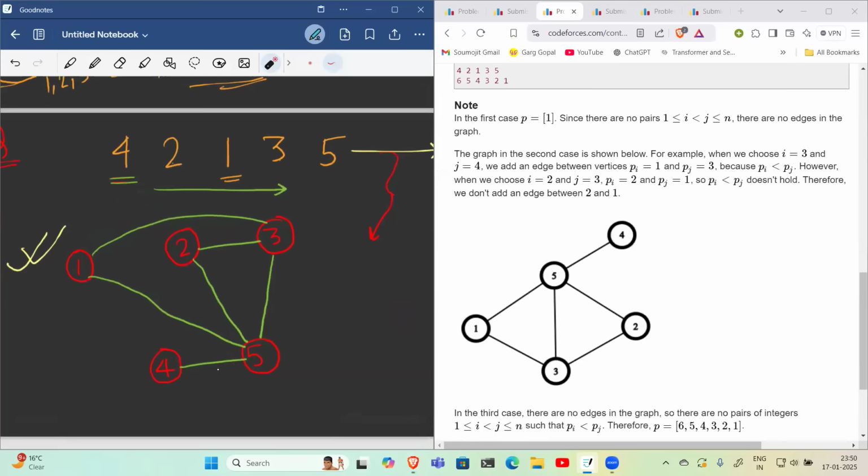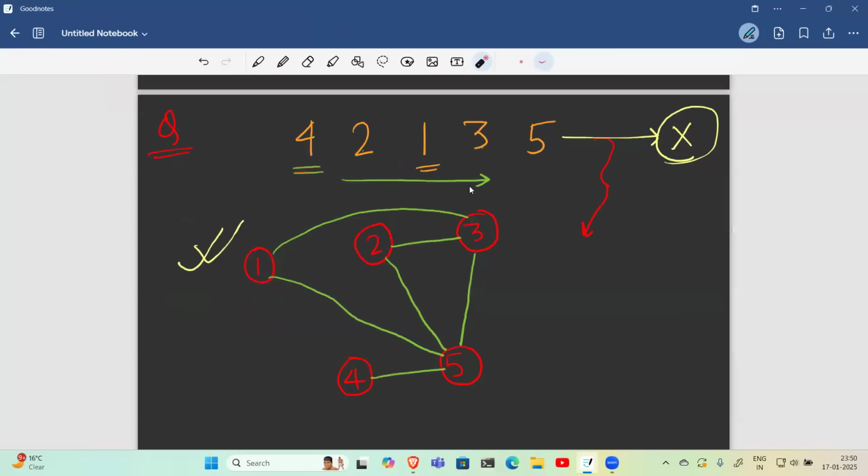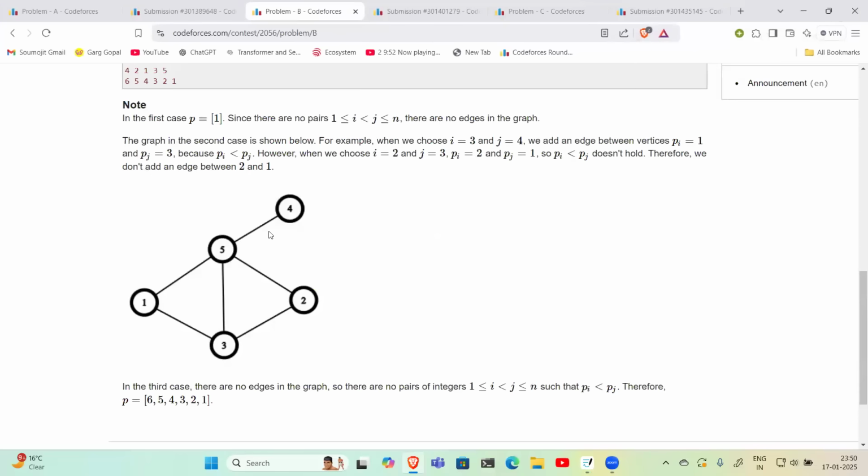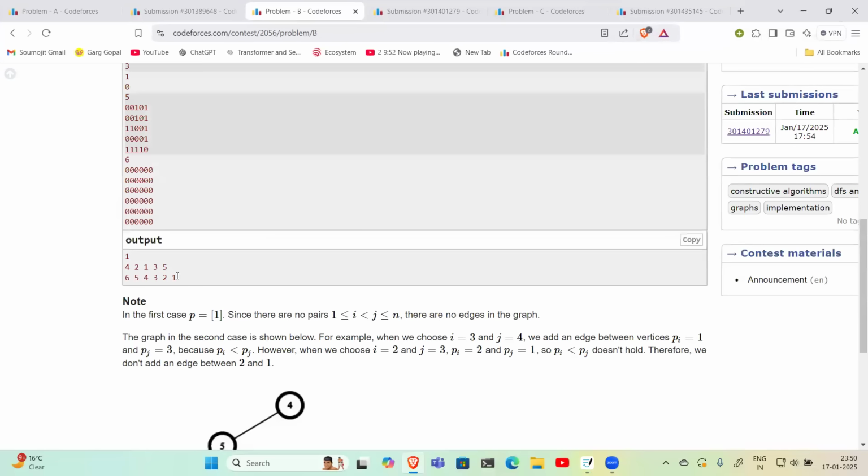And then there are edges between 2 and 3, 2 and 5, 3 and 5. And then 1 is connected to 3 and 5. So both these graphs are same. And the question says that this graph is given as input and you have to print as output this array 42135.